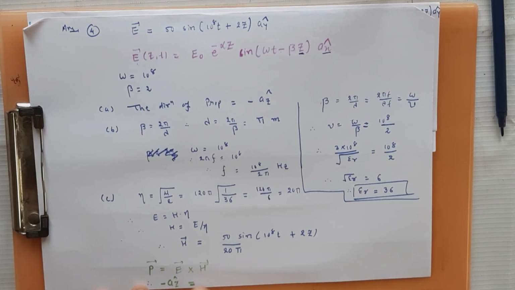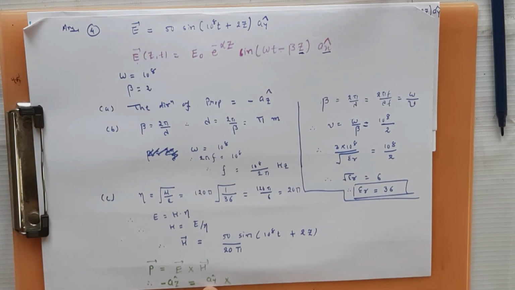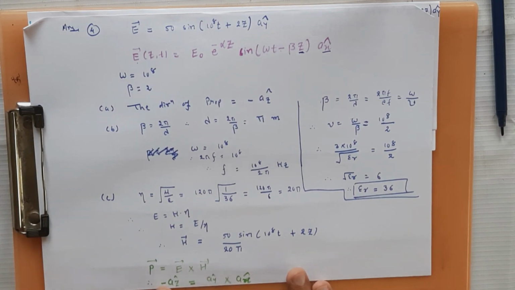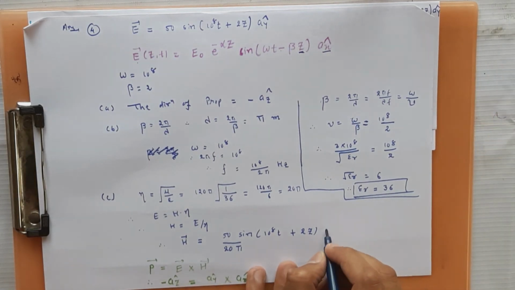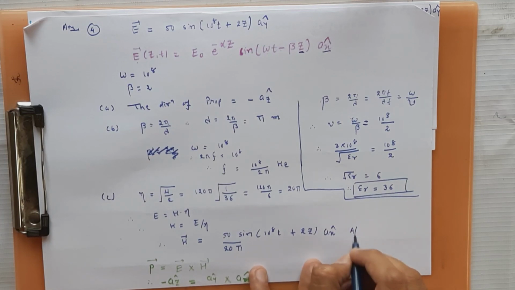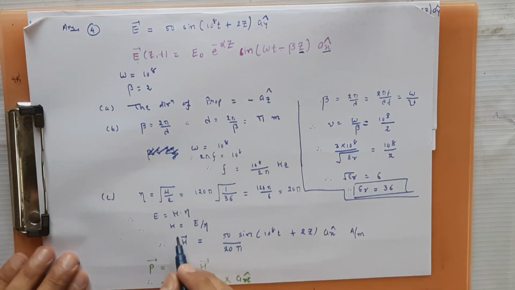So minus z is equals to E direction, which is a y direction. So what should be the H direction? Okay, so H direction is a x direction. Actually it's not minus ax because minus sign is already present here. So H is in the a x direction, ampere per meter.